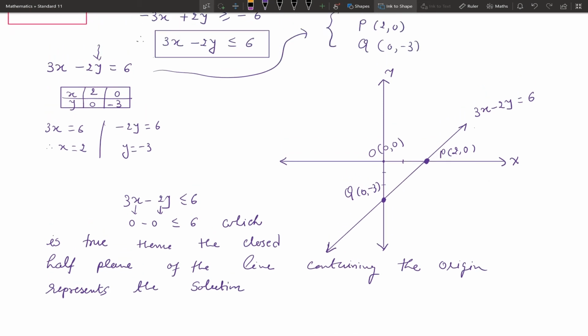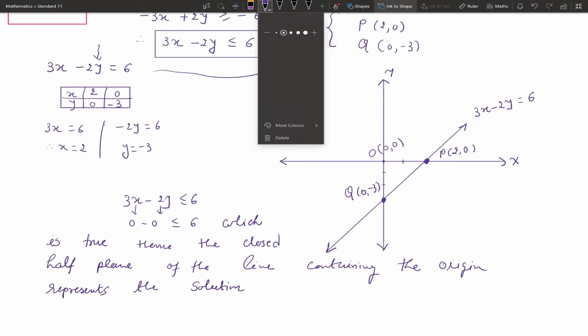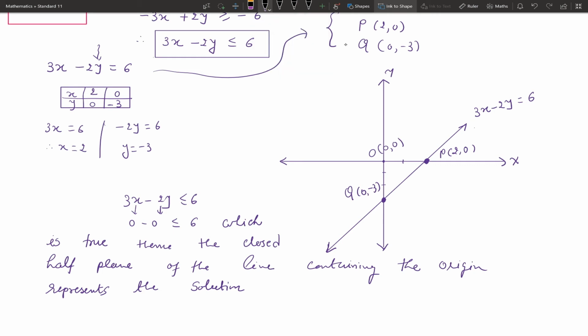So we denote graphically this one. The solution portion, as we have discussed, contains the origin, so it will be the closed half plane of the line containing the origin.